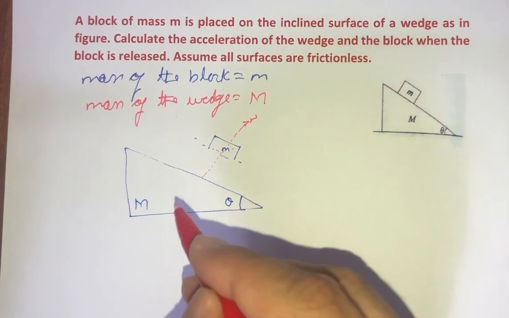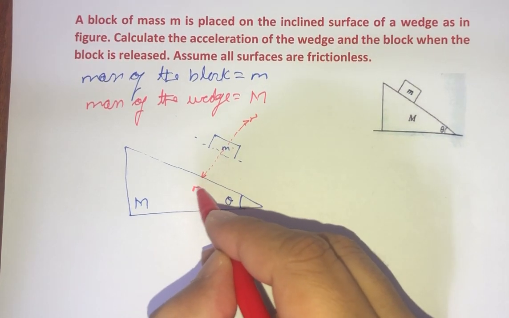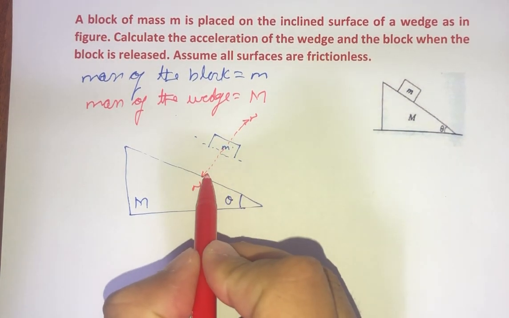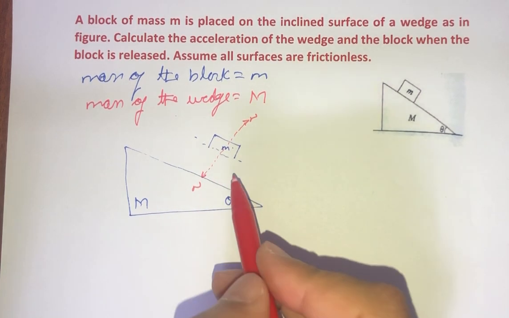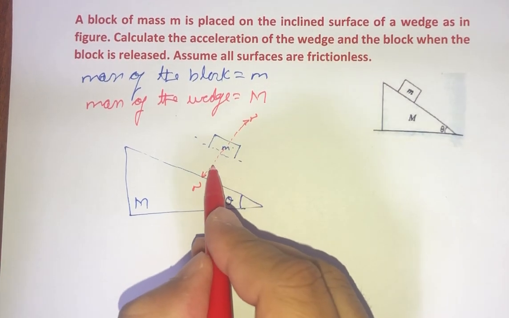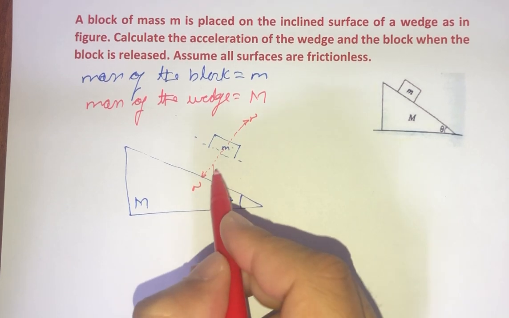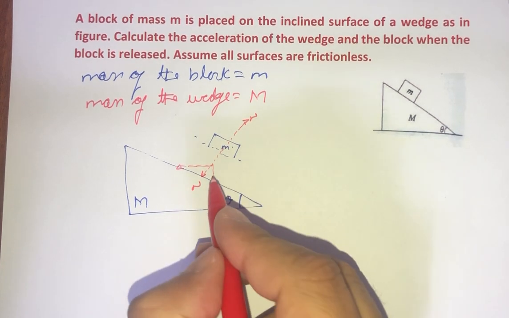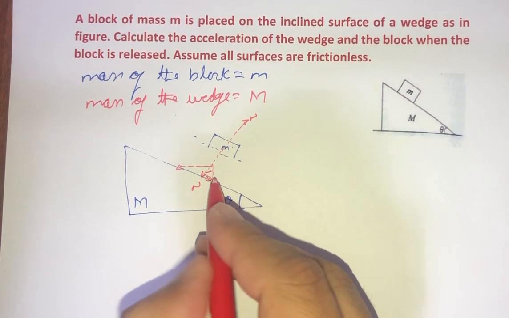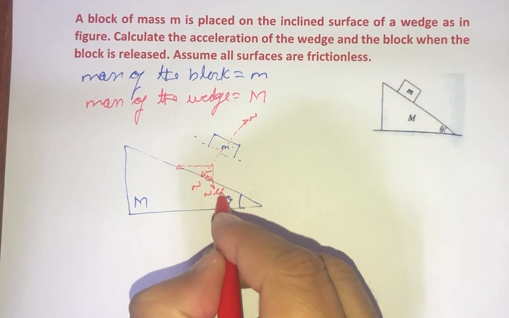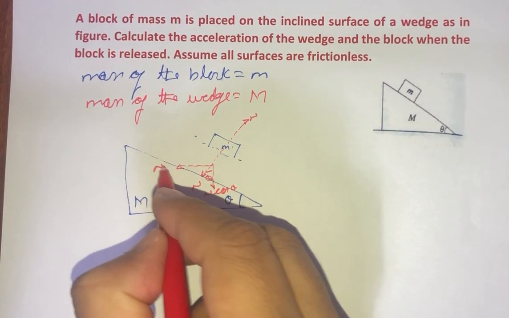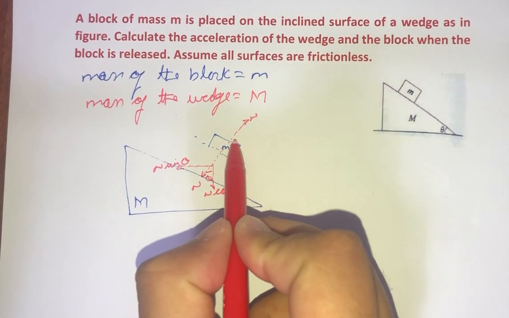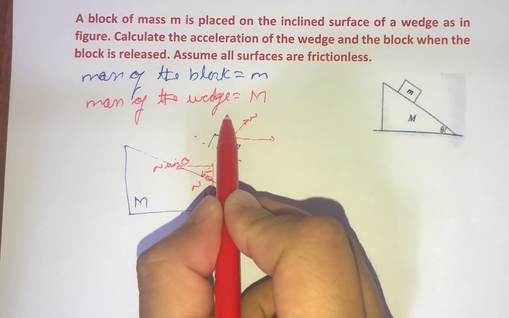So it will be acting in upward direction here, and here it will be acting in downward direction, and this normal can be divided into two components. This angle will be theta, so obviously this will be n cos theta and this will be n sin theta, and normal here can also be divided similarly.